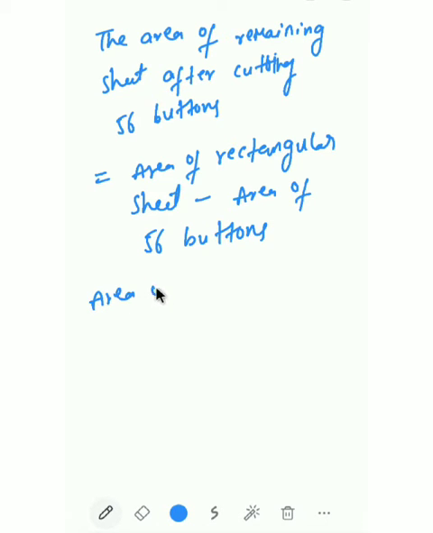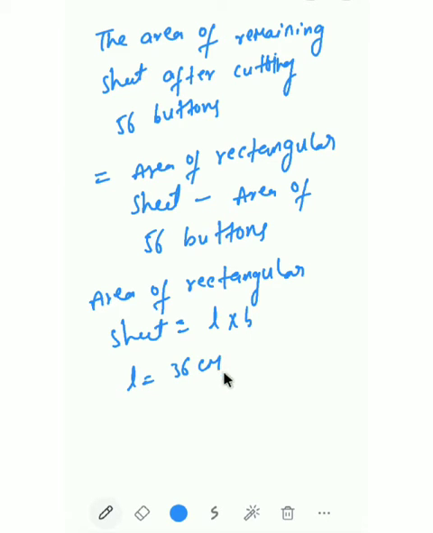Area of the rectangular sheet: the formula for the area of a rectangle is L into B. L is 36 centimeters and B is 25 centimeters.